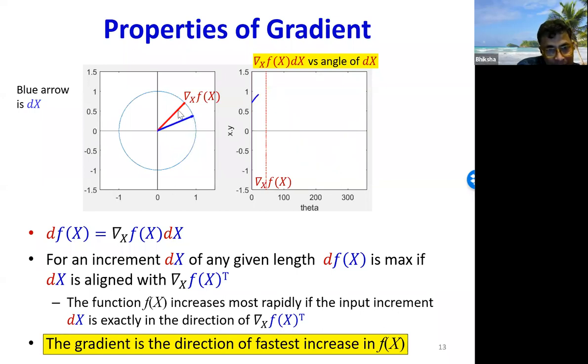If this red line shows the gradient and the blue arrow shows the direction in which you're walking, as you change the direction in which you're walking, you can see that the increment in the function keeps changing, and the function increases maximally when the step you take is in the same direction as the gradient. In other words, the gradient is the direction of the fastest increase in f of x.